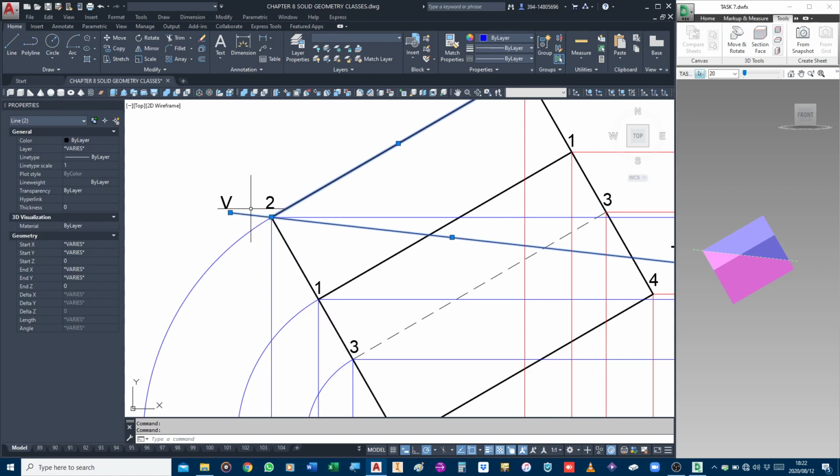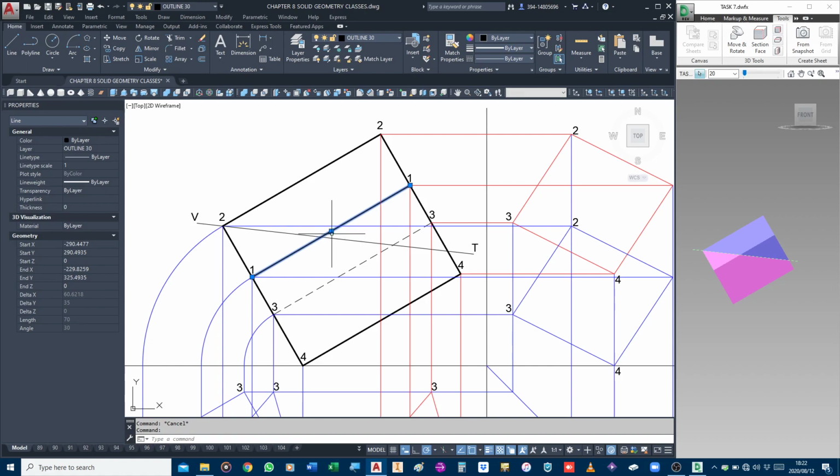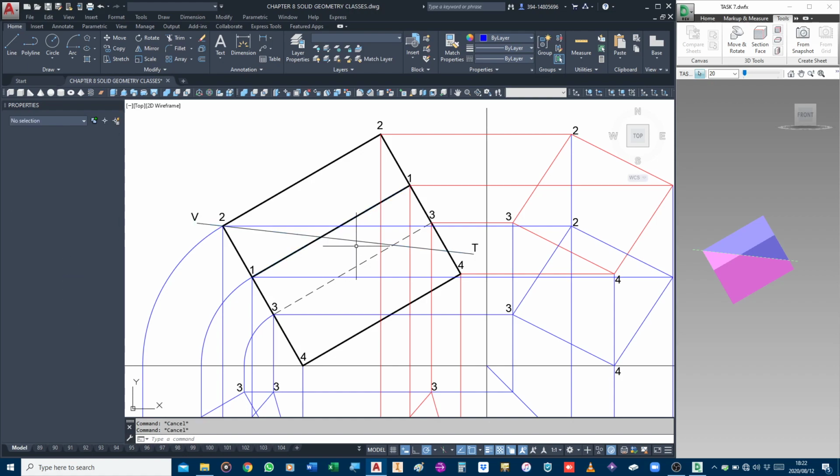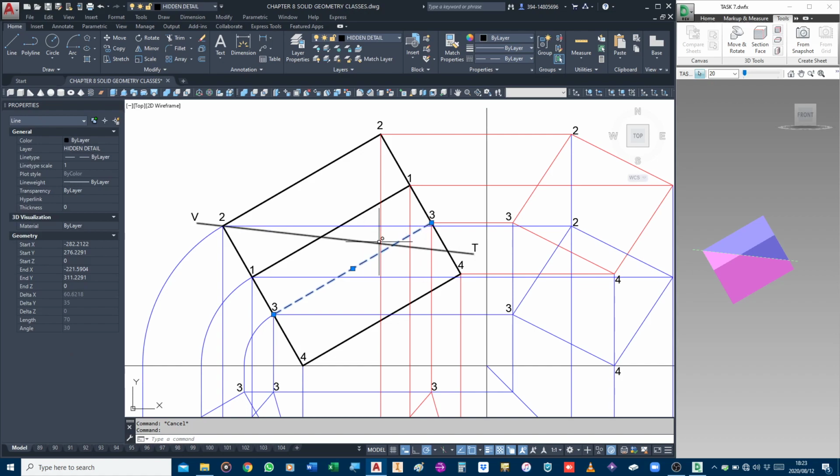So that will create 1 point. The same here, corner 1 to 1, that is one line, and the cutting plane cuts through that, which gives us another point, 1 again. The same for this line from corner 3 to 3, only creating 1 point.